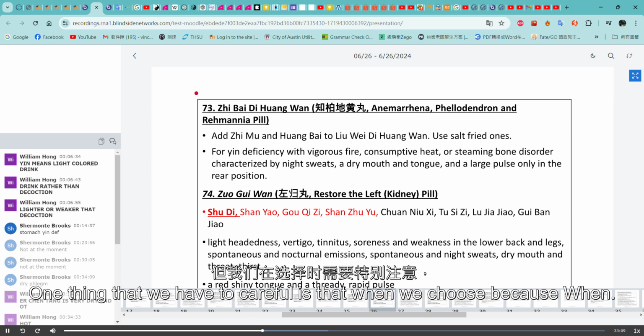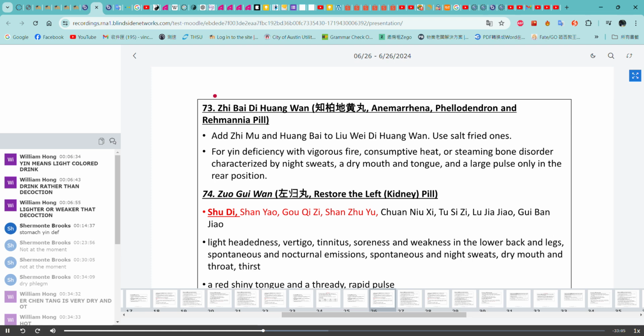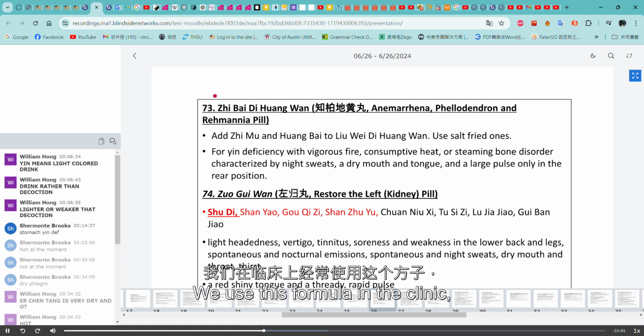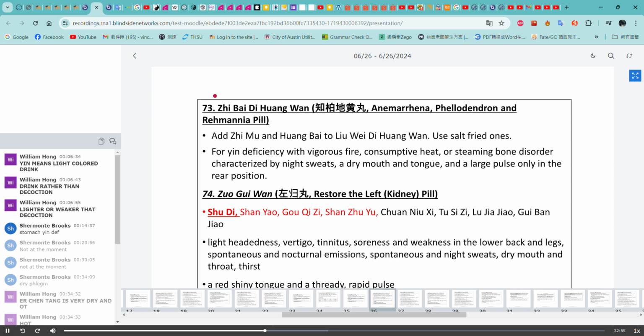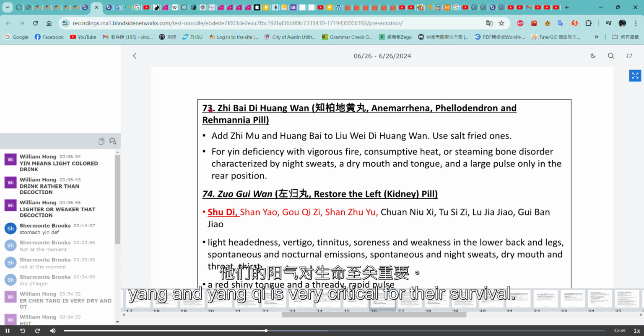One thing that we have to be careful about is when we choose Zhi Bai Di Huang Wan or Liu Wei Di Huang Wan, because when we use this formula in the clinic, a lot of our patients are older patients. No matter what, with older patients, yang and yang qi is very critical for their survival.